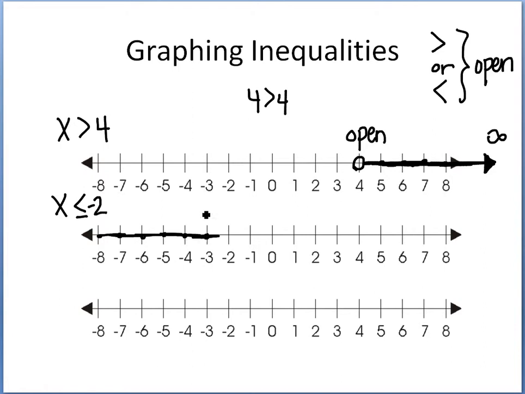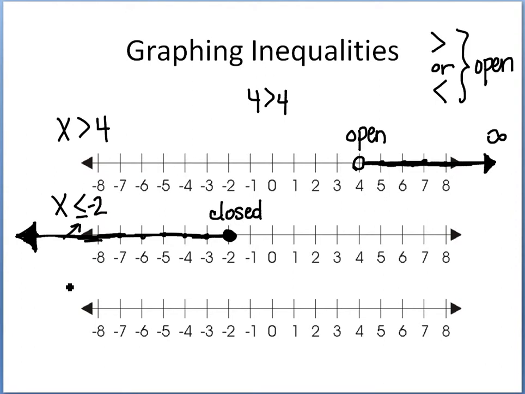Now this time, because I put that little bar underneath it means equal to, -2 counts. So instead of putting an open dot, we put a closed or solid dot. And then we're going to also keep going on forever in this direction. So with less than, we're getting smaller, which means for negatives, it kind of means like you get bigger negatives.